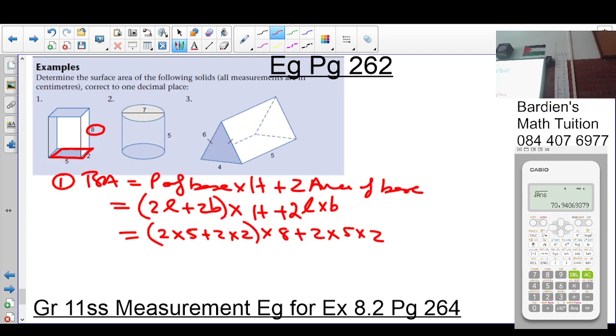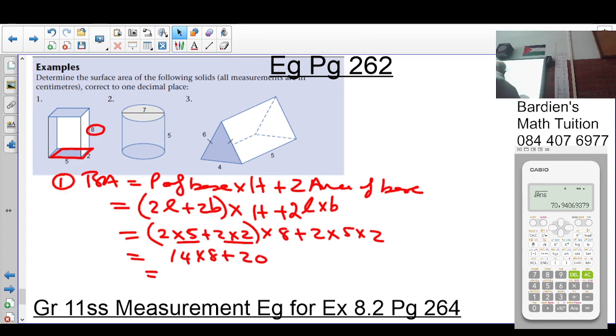So that gives me 10, 14. 14 times 8 plus 20, which gives me 132. So it's 132 centimeters squared. As you can see here, all the measurements are in centimeters. Okay. So any confusion there?